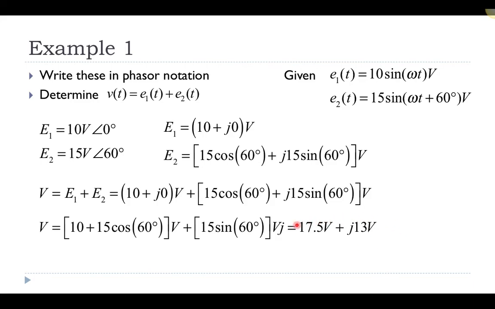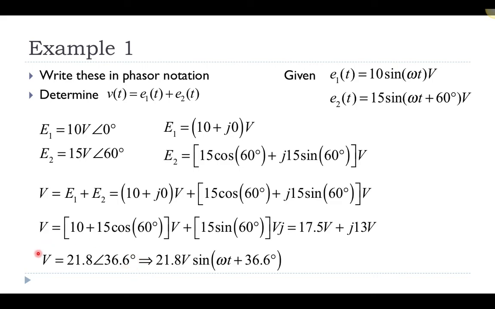I can take that representation in complex form and write it in polar form. If I convert that back into polar form, which we know how to do now because we've studied complex numbers, the magnitude would be the square root of 17.5 squared plus 13 squared, and I get 21.8. And if I wanted to figure out the angle for this complex number, I would take the inverse tangent of 13 divided by 17.5, and I would get 36.6.